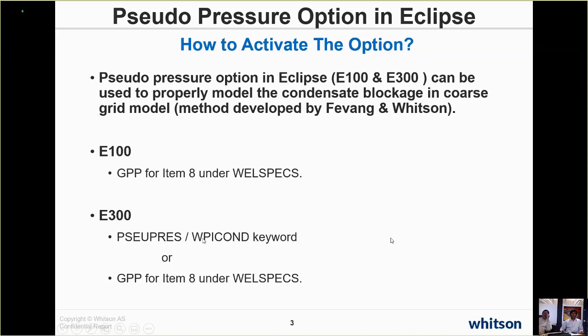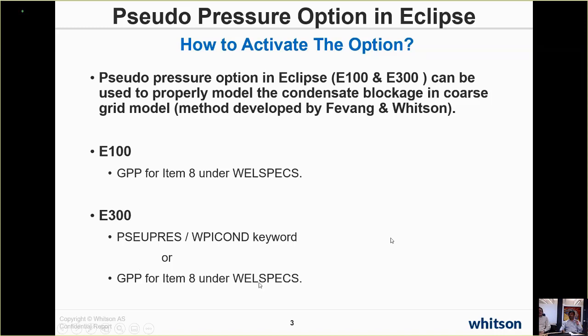Like if I want to use the GPP option for wells with names starting with, let us say, A, we can give A star and then the GPP, and then it will be used for all wells starting with A. So basically they have included WPICON in between, I would say, PSEUDOPRESS and WELSPEC.